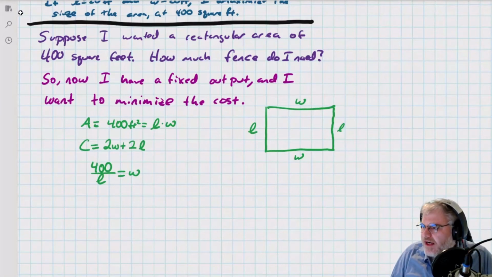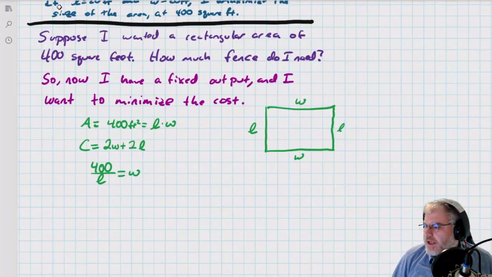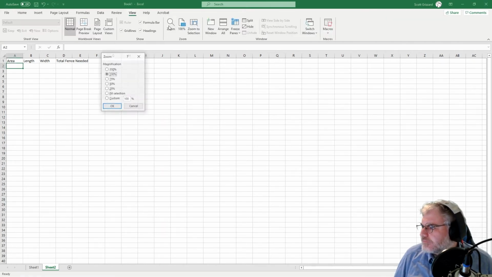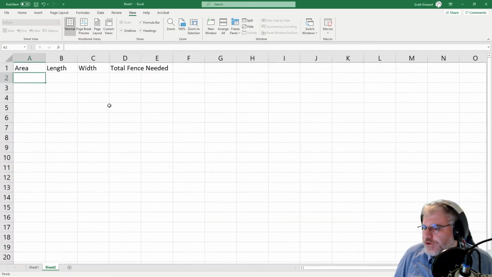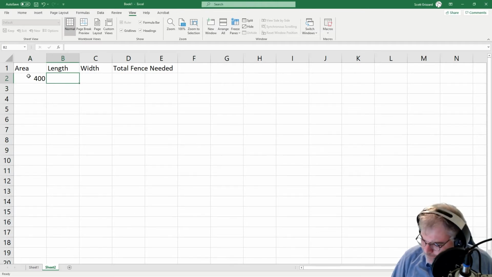So here's Excel. Zoom it in a little. All right, so my area is always going to be 400. My length, I don't know what that's going to be. We'll call that my independent variable.